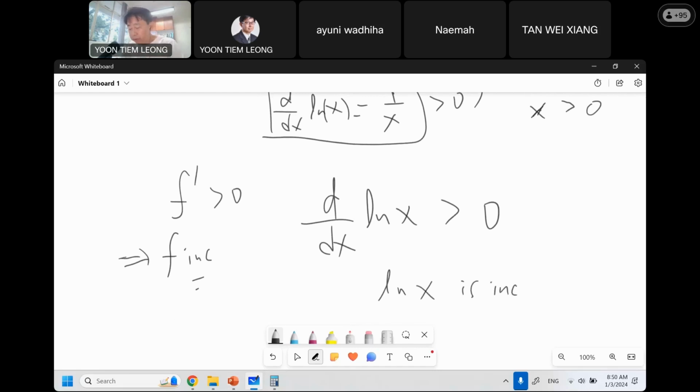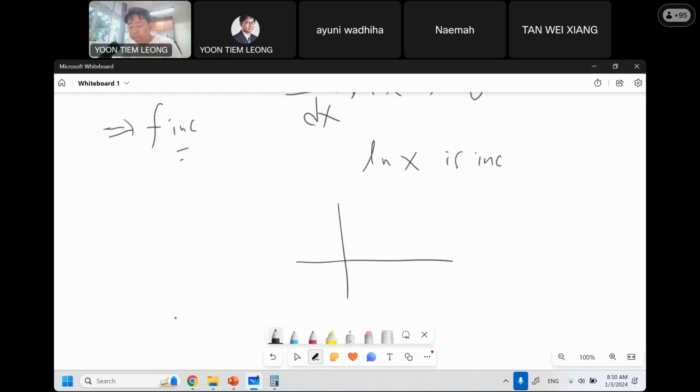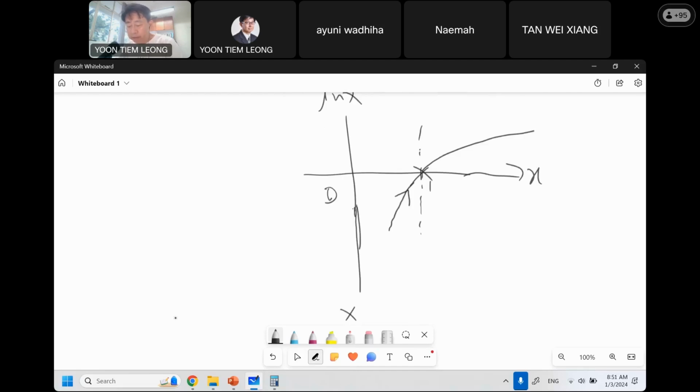So if you look at the natural log, you find that the graph of the natural log function begins from x equals 1 at the point 0. And if you go to the right, the log function must be increasing, and it's increasing in this manner. x would never be equal to 0 for the natural log.